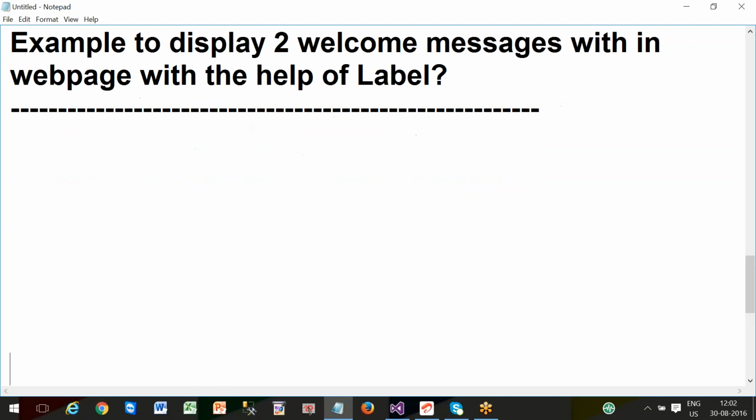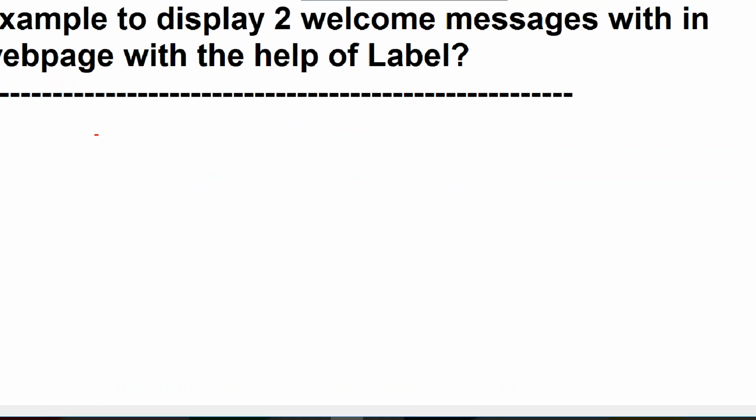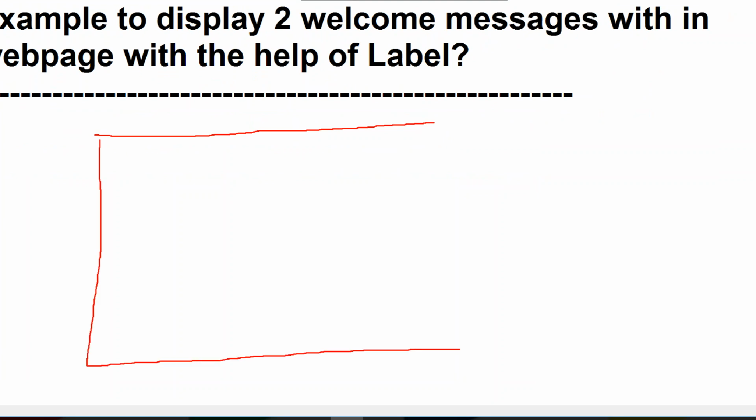So my requirement is, like whatever we have seen yesterday, the same. You have a web page, this is your web page design. Like step 1 and step 2 every time. What is step 1?